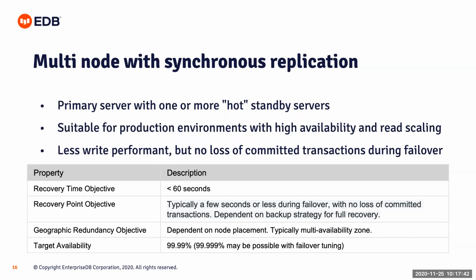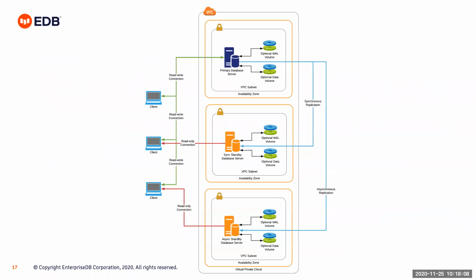So with synchronous replication, the architecture looks very much the same. It's a setting in Postgres that differs between those two, or actually several settings in the way that the databases are set up. So the only difference here is that by using synchronous replication, you're trying to insulate yourself from data loss. And it looks very much like this. With synchronous replication here, we again have a primary database server, and synchronous replication is happening to this standby server, and asynchronous replication is happening to this one.